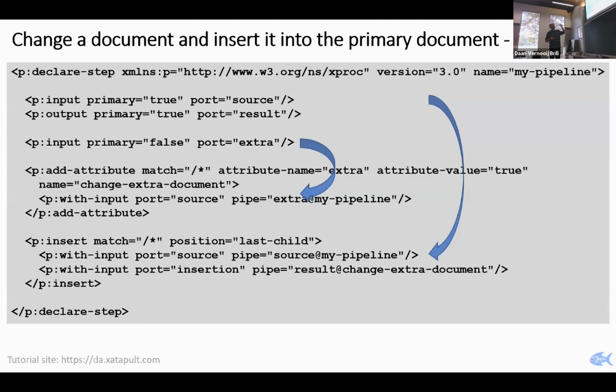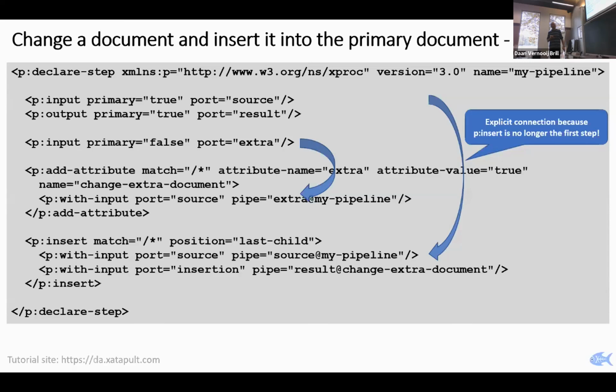So what you should do is connect, as I did there, the source port of the outer pipeline explicitly to the source port of the P insert step. Implicit connections no longer work because it's no longer the first step in your pipeline. Right? And that's what the callout says.